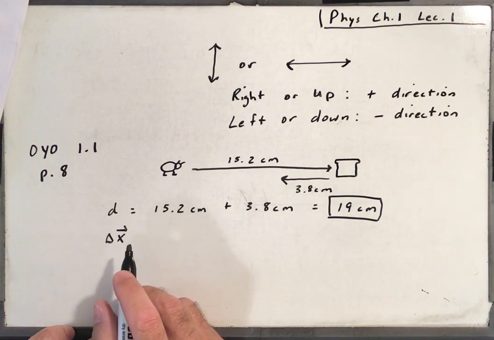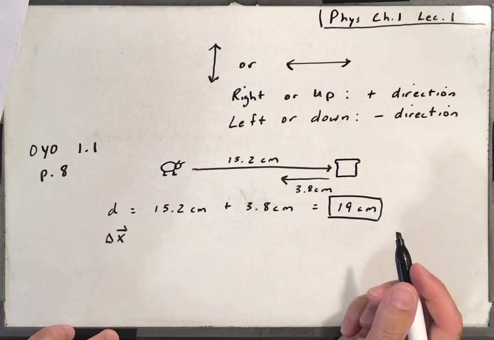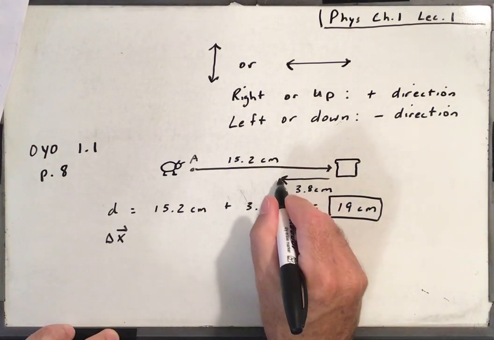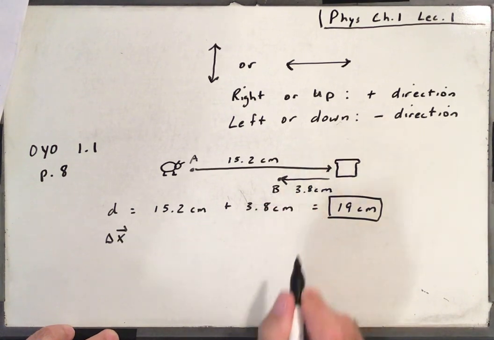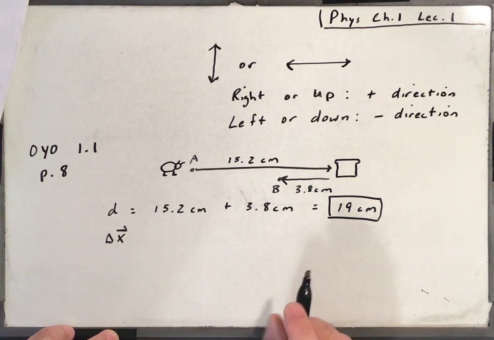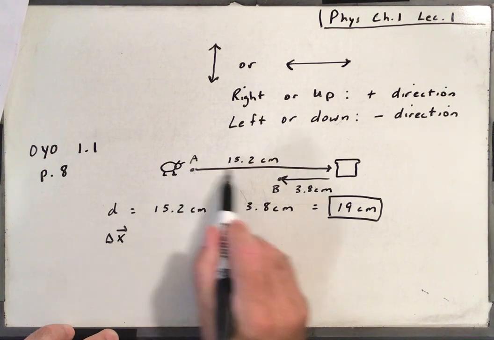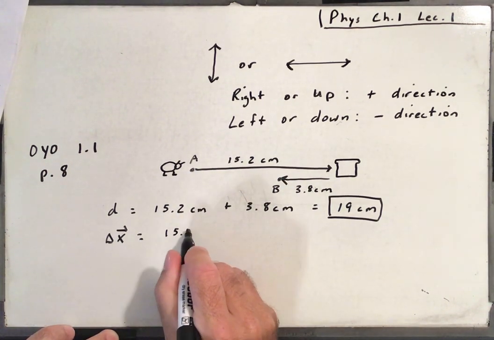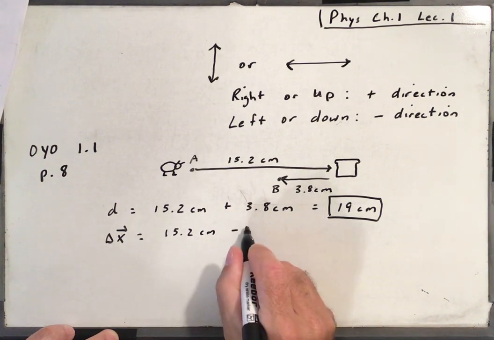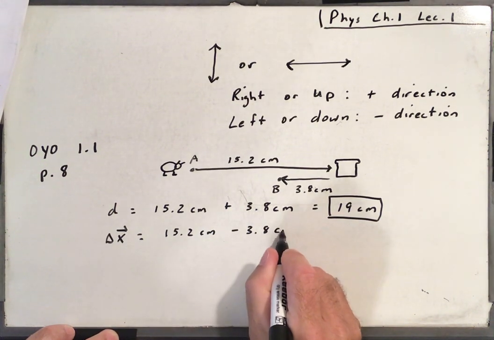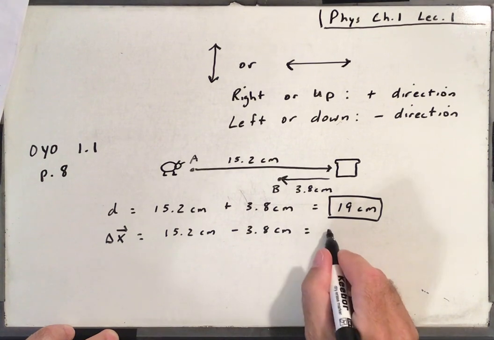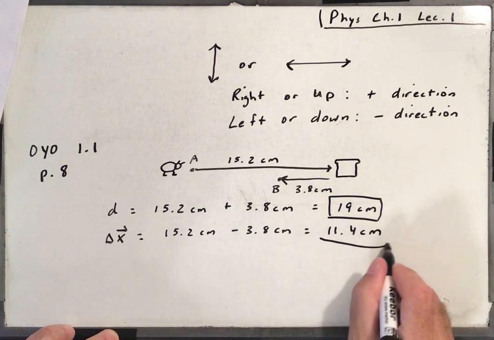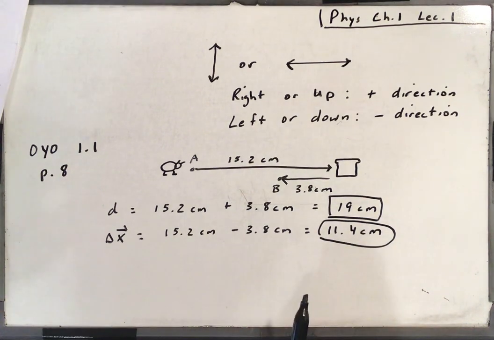So displacement is the shortest distance from point A to point B. In this case, we could call this point A and this point B. Okay, so it's just the distance from A to B. So displacement is going to be 15.2 centimeters minus 3.8 centimeters. And that's 11.4 centimeters. So displacement in this particular case is different than distance.